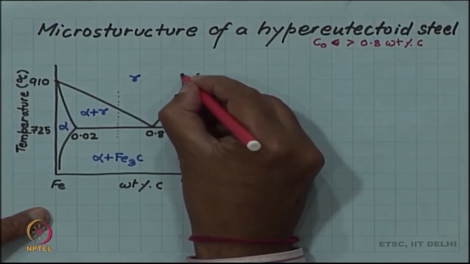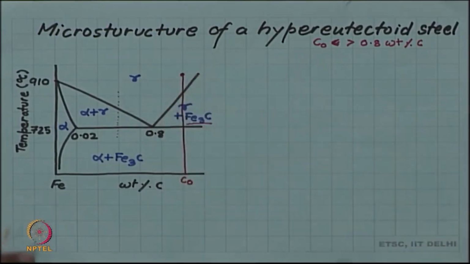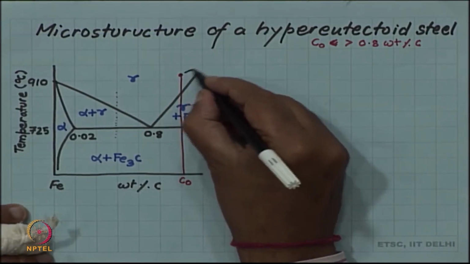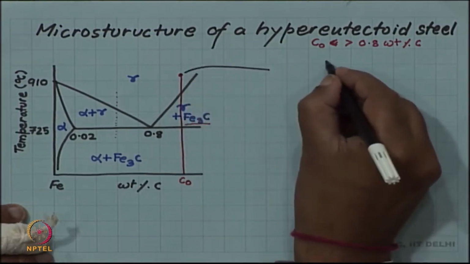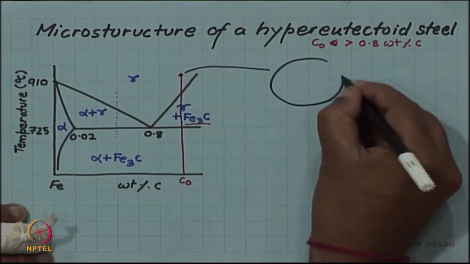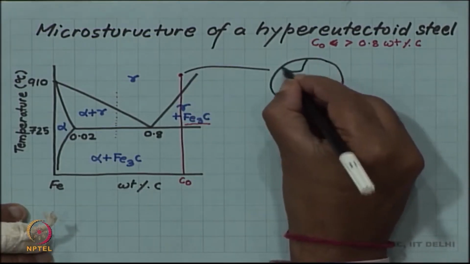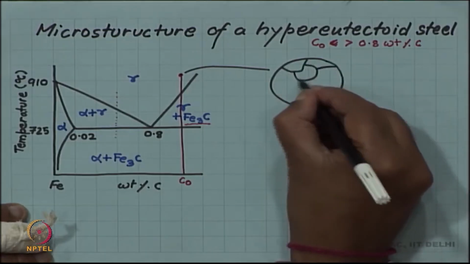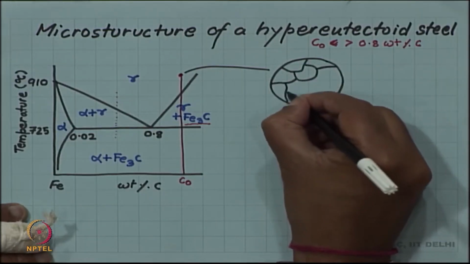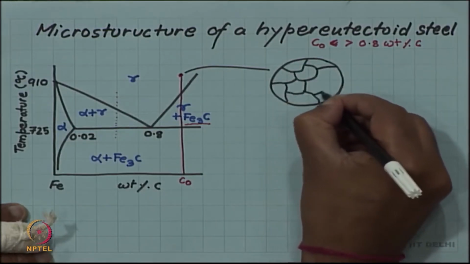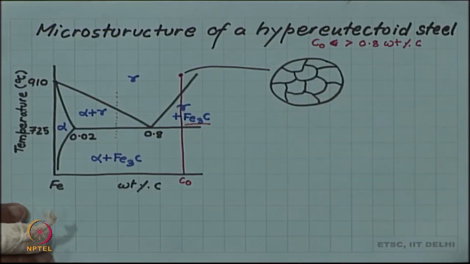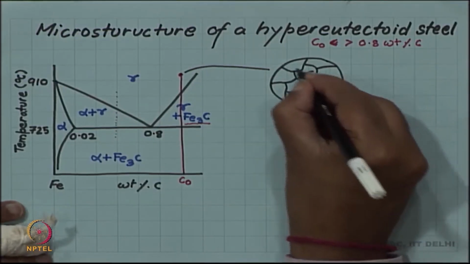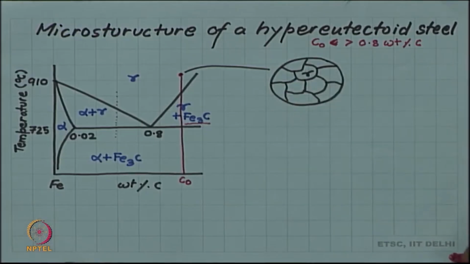So, here also at a higher temperature, in the single phase field you will have austenite, polycrystalline austenite, with grains and grain boundaries.